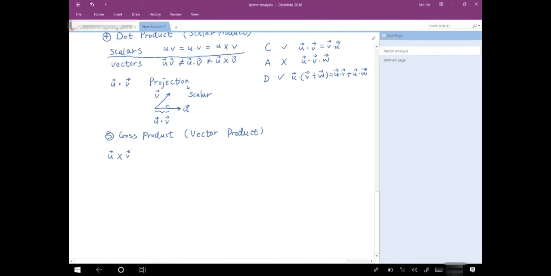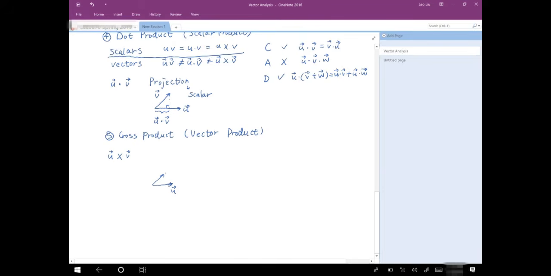First, let's take a look at the meaning of it. Let's say we have U along this direction and V in this direction.